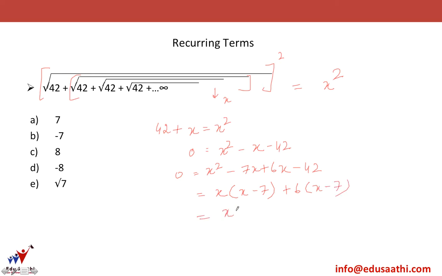This gives me x plus 6 multiplied by x minus 7 equal to 0. So x either is equal to minus 6 or x equal to 7. Again, x cannot be equal to a negative number because this entire term is positive. So my answer is x is equal to 7, which is the A part here.